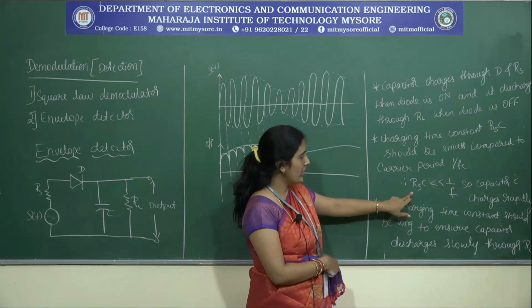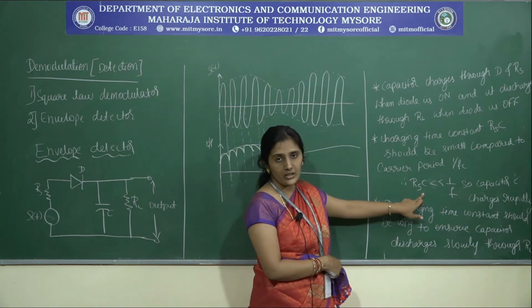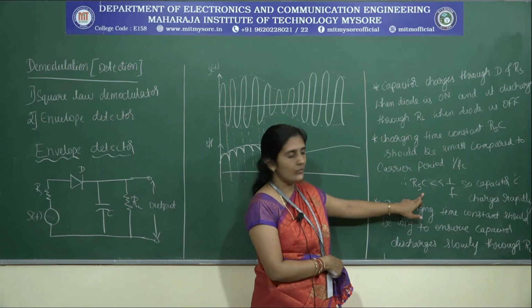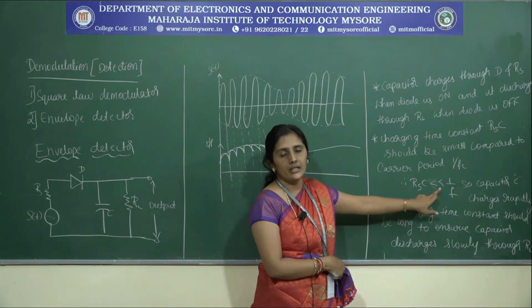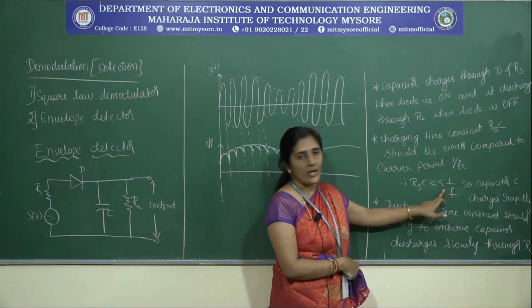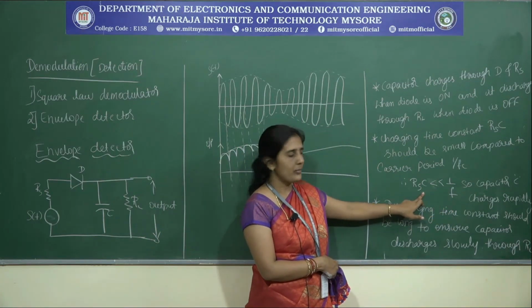So Rs into C should be less than 1 divided by Fc, because the capacitor has to charge rapidly.